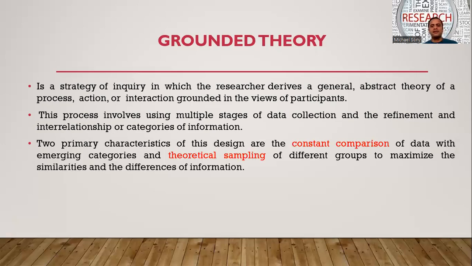Two primary characteristics are constant comparison and theoretical sampling. In constant comparison, if a new unit of data comes in, it is constantly compared with the existing data in order to create categories. If it is similar, it is placed in the same category; if it is different, it becomes a new category.